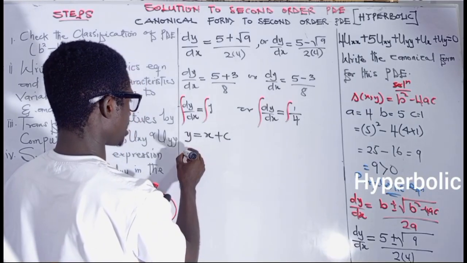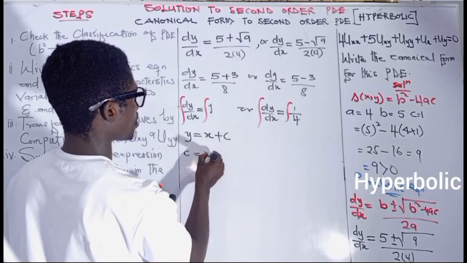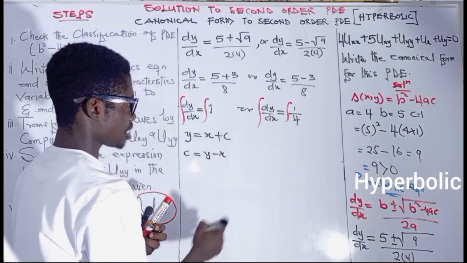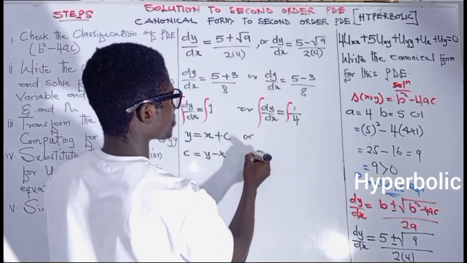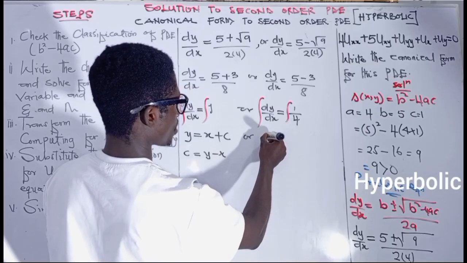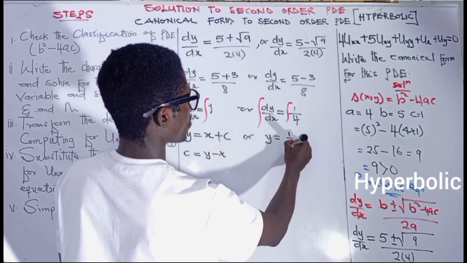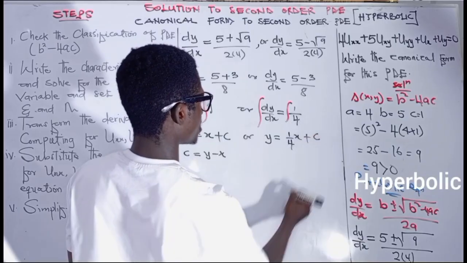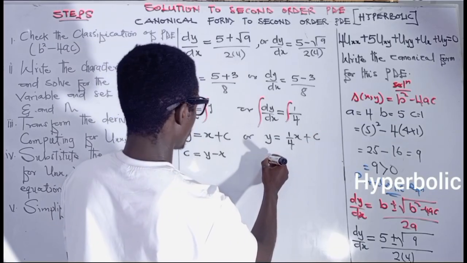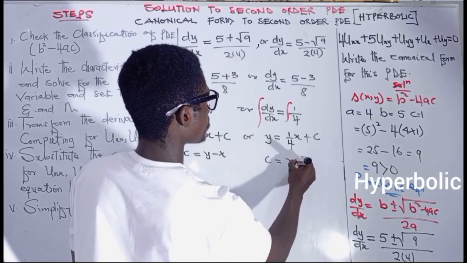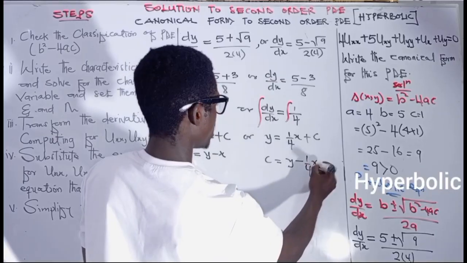So from here, you can say that our c is equal to y minus x. Now let's come to this side. When you integrate this as well, we are getting y, and this is also giving us 1 over 4x plus the constant of integration. So you can say that our c is equal to y minus 1 over 4x.